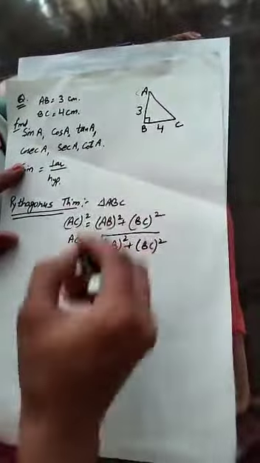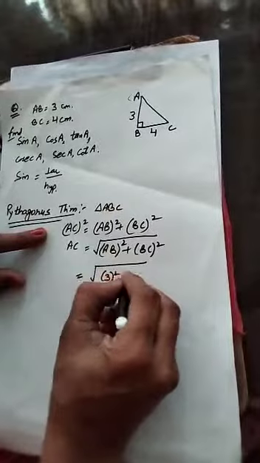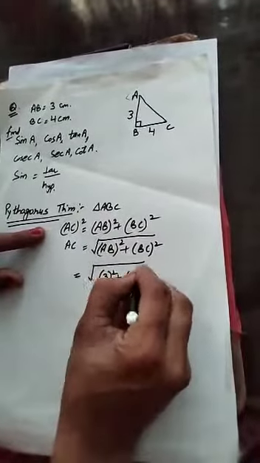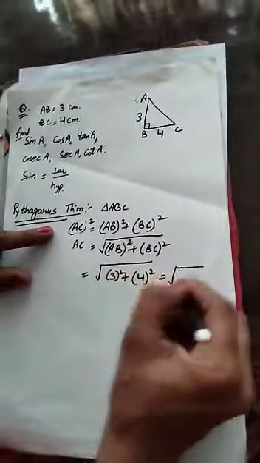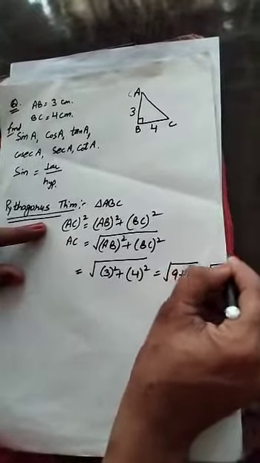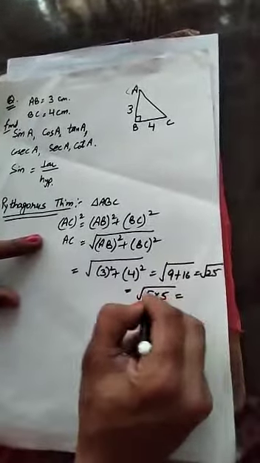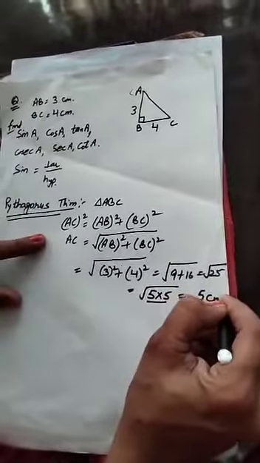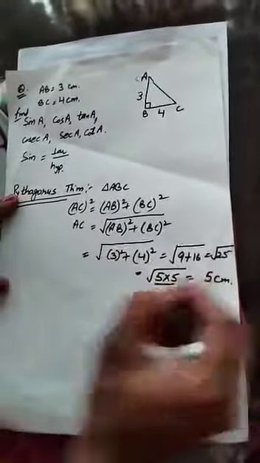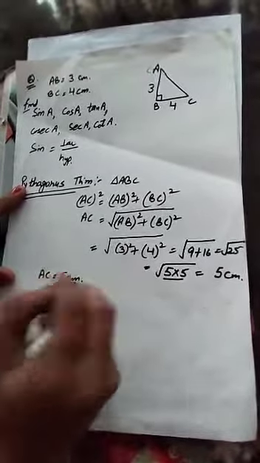Then AB is 3, BC is 4. 3 threes are 9 plus 16, 25, square root. 5 fives are 25. Yes, 5. Then AC is 5 centimeter.